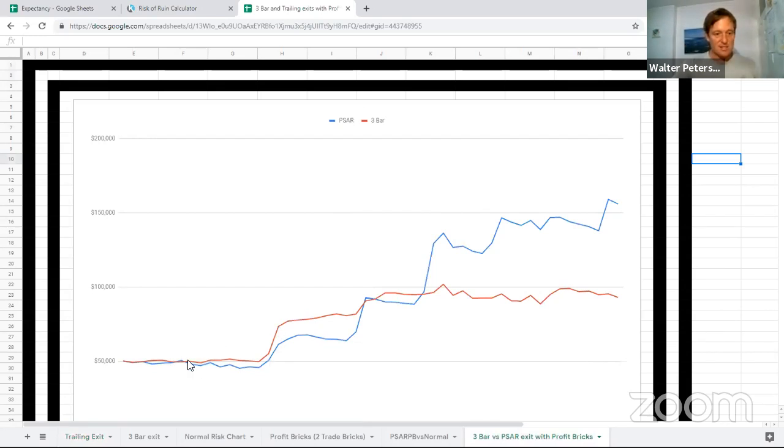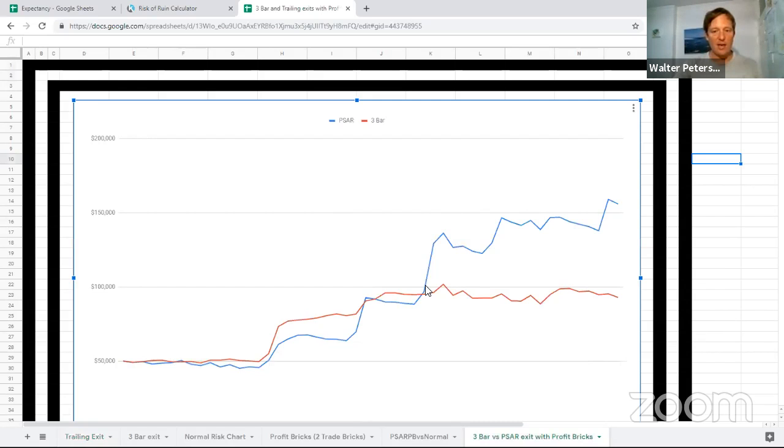These are the same trades that we were looking at before, but now with the 3-bar exit, you get all the way to 92,000. So basically where we got with the trailing exit. The 3-bar exit is now as good as the other one, up 97% or so on the test.